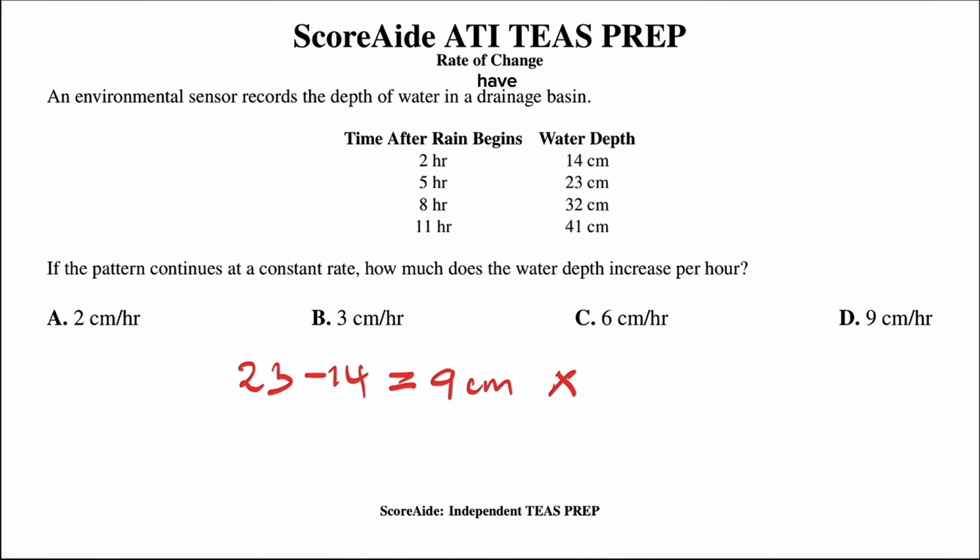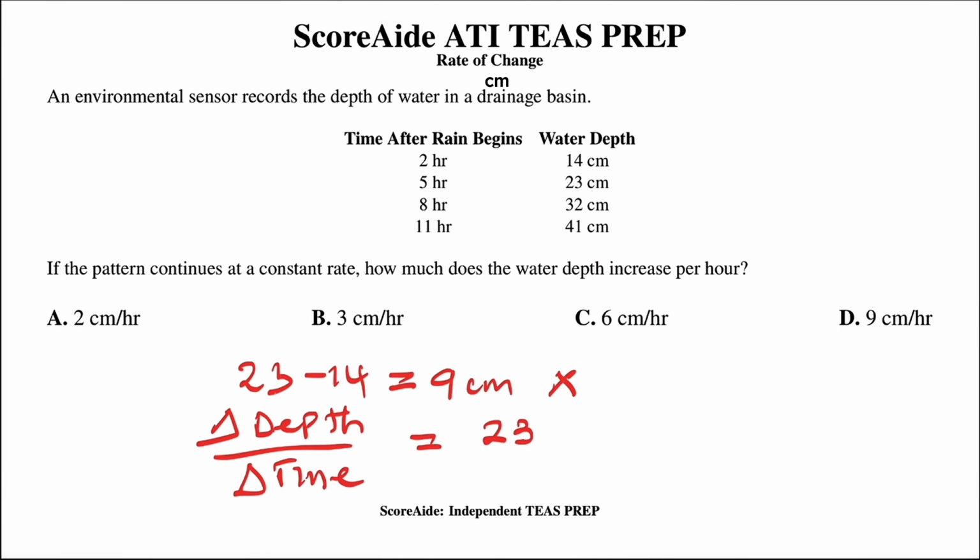So you have to know that this water depth is not increasing by 9 per hour. What we need to look at is the change in depth all over the change in time. So you realize that it will be 23 centimeters minus 14 centimeters.